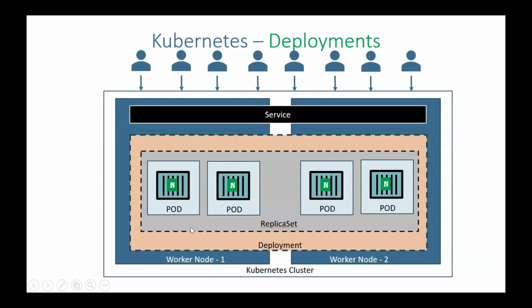Basically, with one deployment you can create multiple pods and also the replica set with a single deployment manifest file in YAML. On top of that we will have one service. Using that service, users can access your pods and replica set along with the deployment in multiple worker nodes. So this is the architecture of a Kubernetes deployment, you can say.